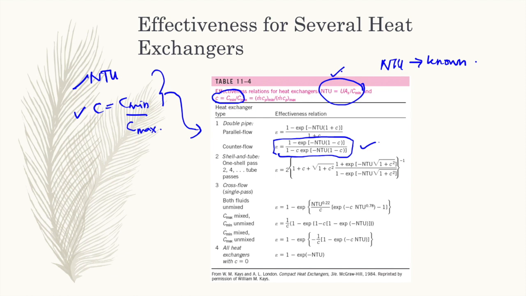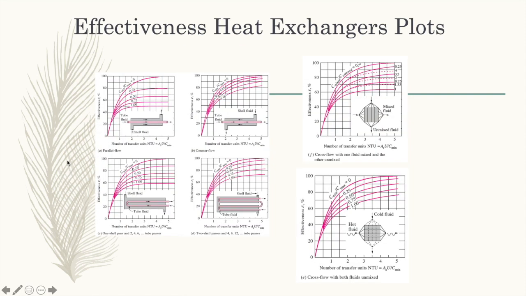For now, you will be introduced to only table 11.4. We actually have two tables, 11.4 and 11.5. Table 11.5 is for when you know the value of effectiveness and you want to calculate the NTU.